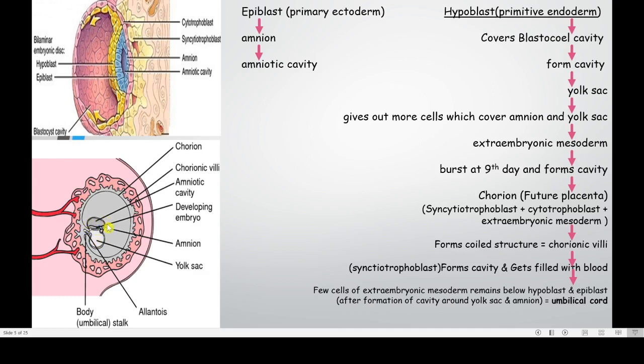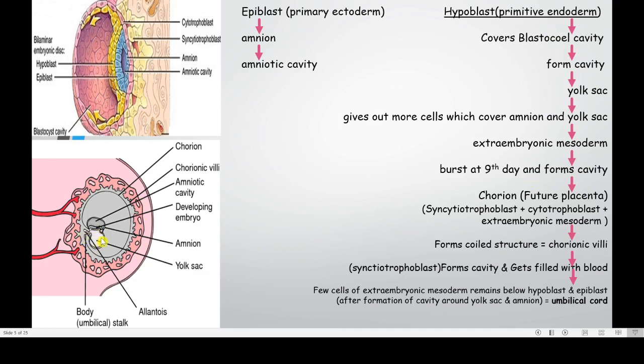Okay, this is the development of the epiblast. That means this is the amnion. Here you will find the epiblast, and this is the amniotic cavity. Now here the hypoblast is there, which is forming the yolk sac.